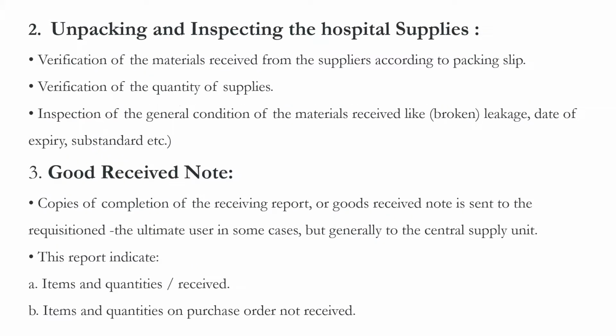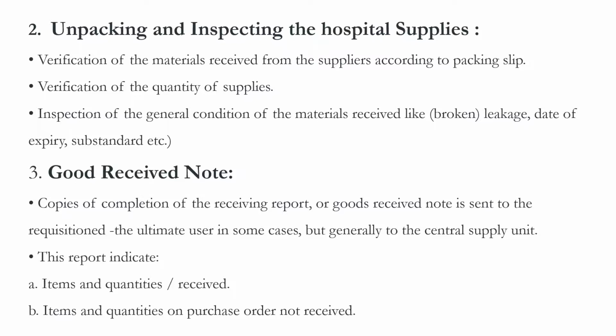For unpacking, verify the material received from the supplier according to the packing slip. Verify the quantity of supplies and inspect the general condition of the material received, like broken items, leakage, date of expiry, or substandard items; if there are any, then immediately inform the supplier. Another one is the goods received note.